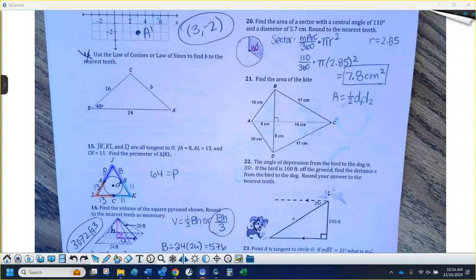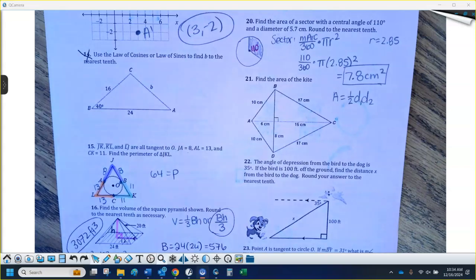You could break that apart into a bunch of triangles and find that area, but this is a little bit easier way to do it. Anybody remember what I would use to plug in for those? Does anybody know? Do you not remember what the d stands for?